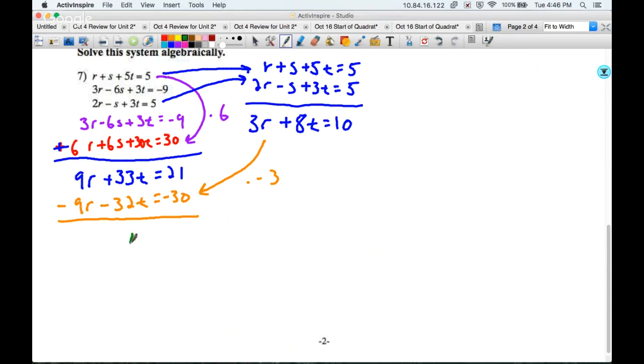My r terms cancel out. I get t is equal to negative 9. Plug that back in. I'll just plug it into this equation here. 3r, just double checking my work here.